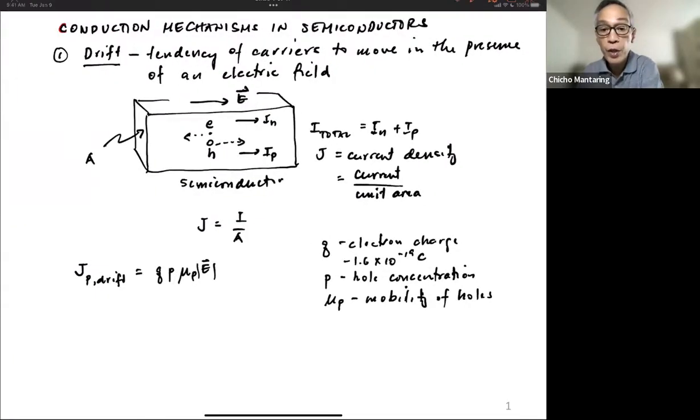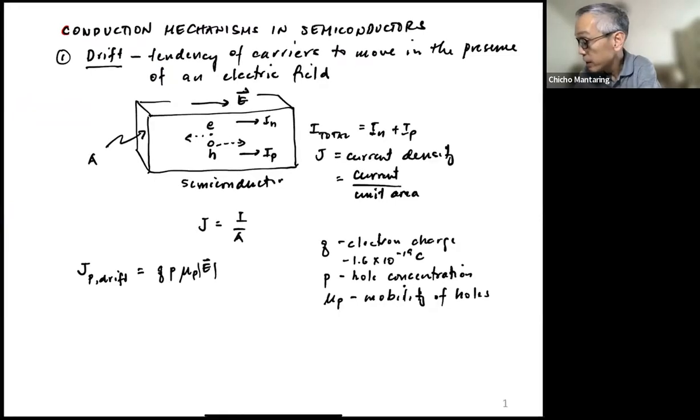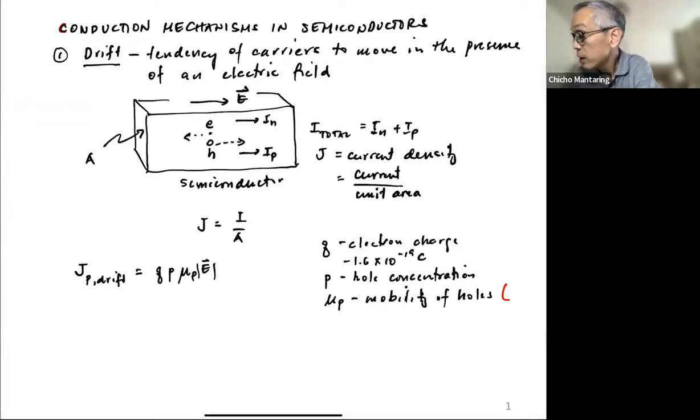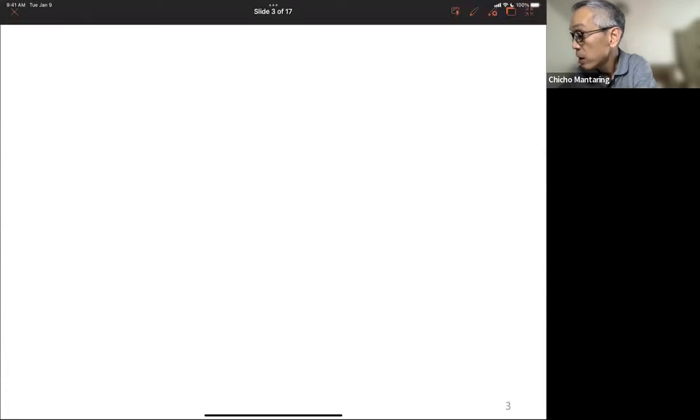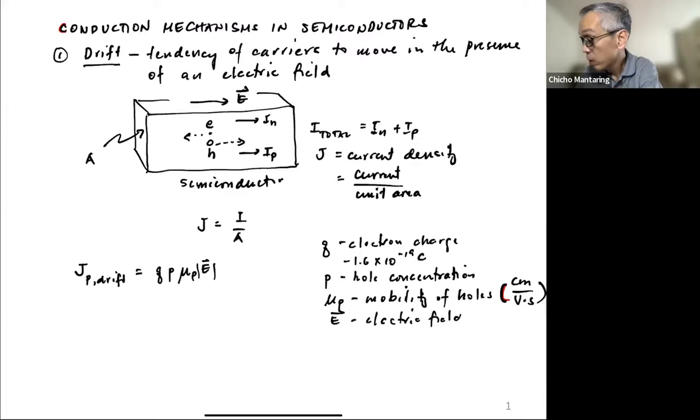Your mobility of holes has a dimension of centimeters squared per volt second. Then of course your E is your electric field intensity. This is volts per centimeter.